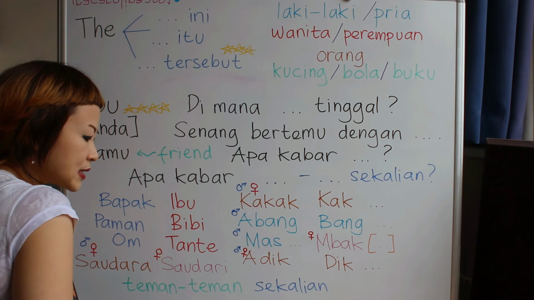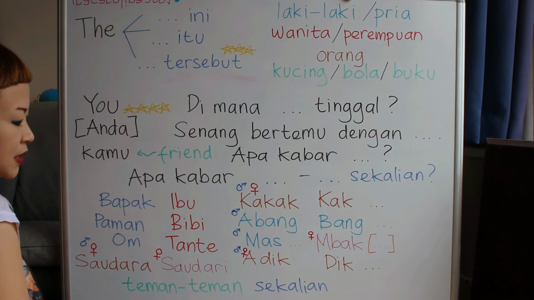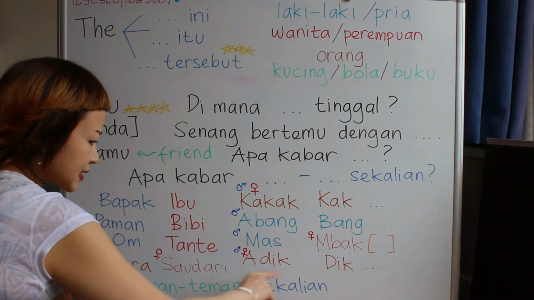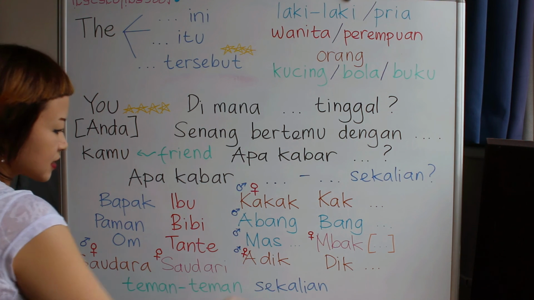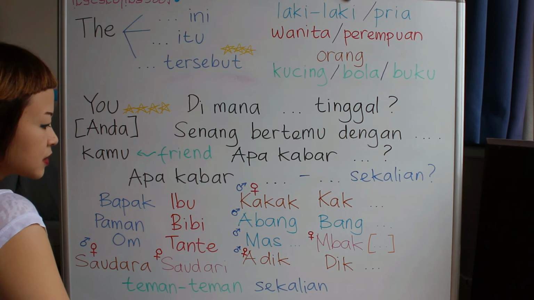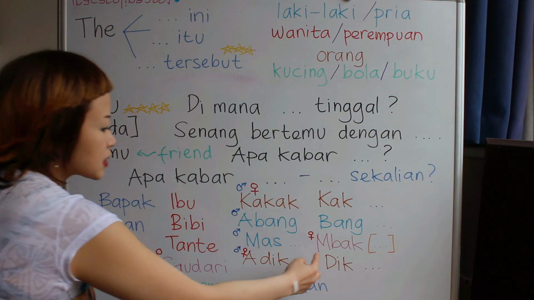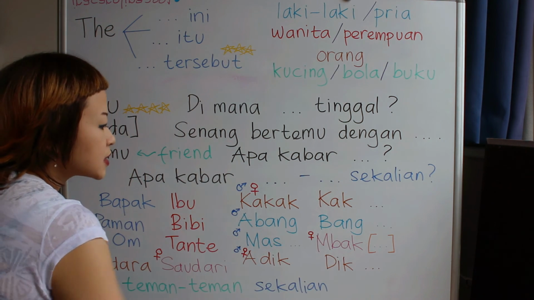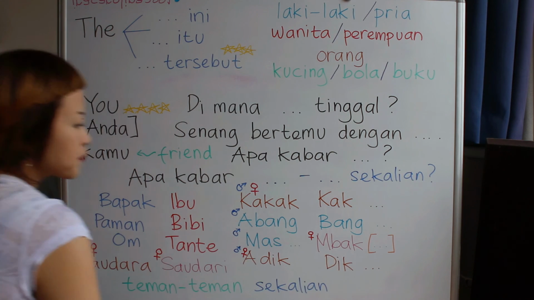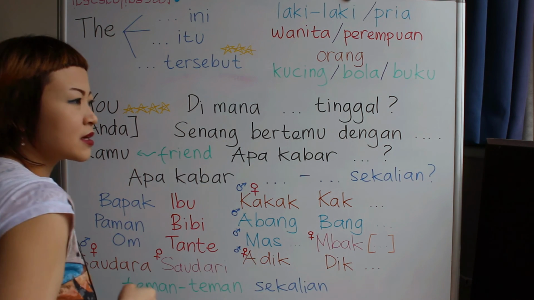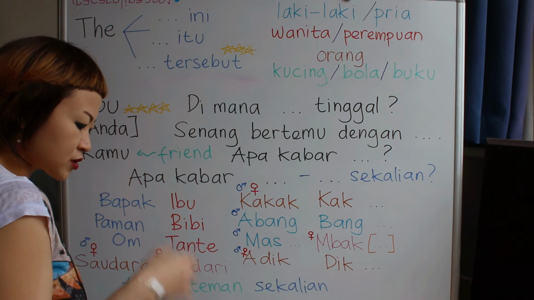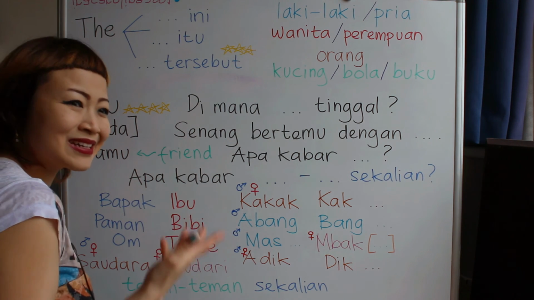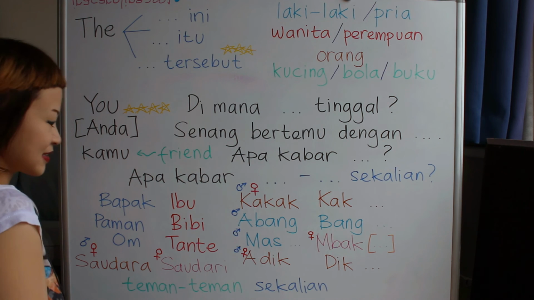How about for younger people? Sometimes we call them adik. Adik is for male or female, or the shortened version, Dik, and then the name. Let's say a senior 5 years older than me calls me Dik Ira, like that.